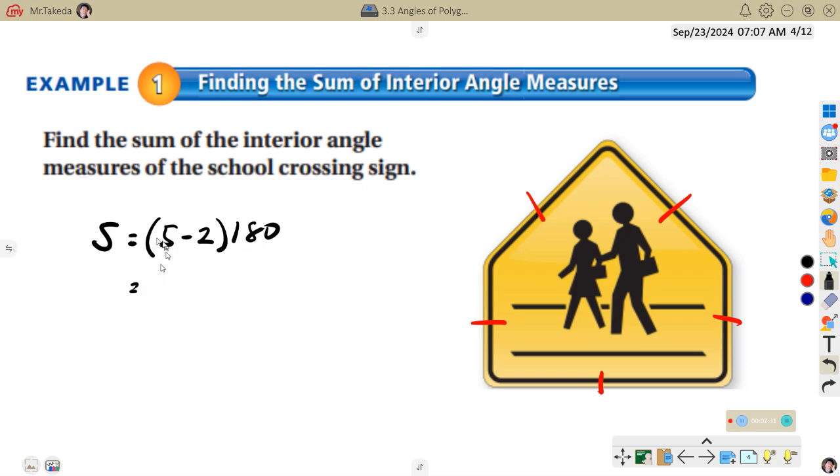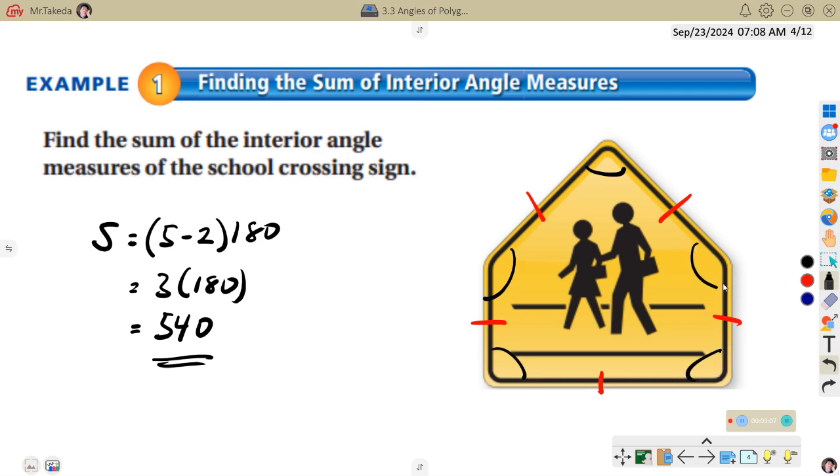So this is just a continuation of what we did. 3 times 180, and I'm going to use the calculator for that. 3 times 180, 540. So 540 degrees, if I add up all these angles. 540 degrees. Okay.